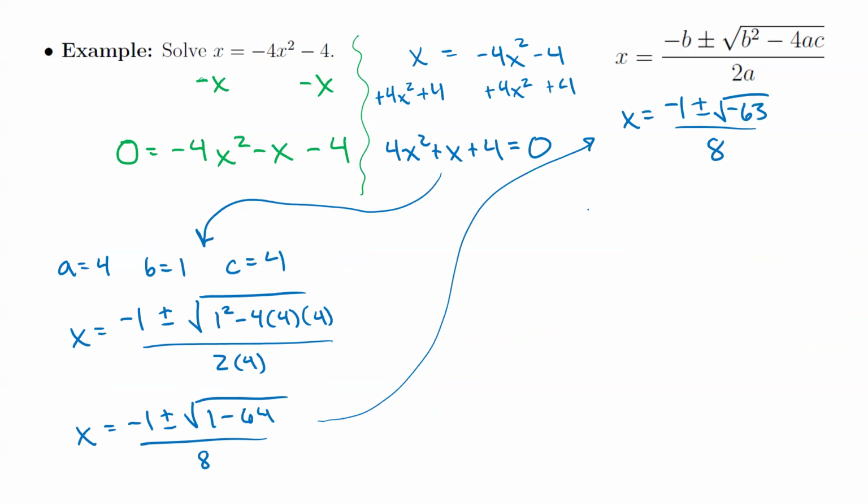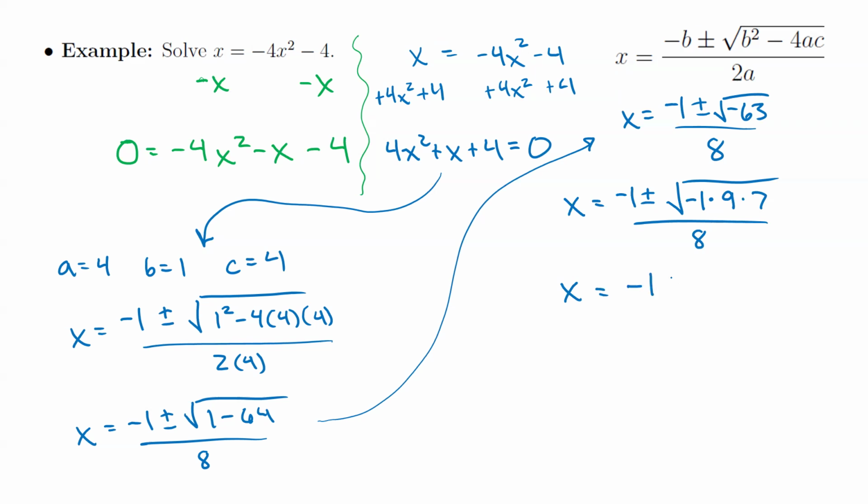So we look at something like negative 63 and remind ourselves, what do I do when I have a negative under the square root? Well, I separate out the negative 1. And while I'm at it, let's find any perfect square factors. Well, 63 is 9 times 7. And of course, 9 is a perfect square.